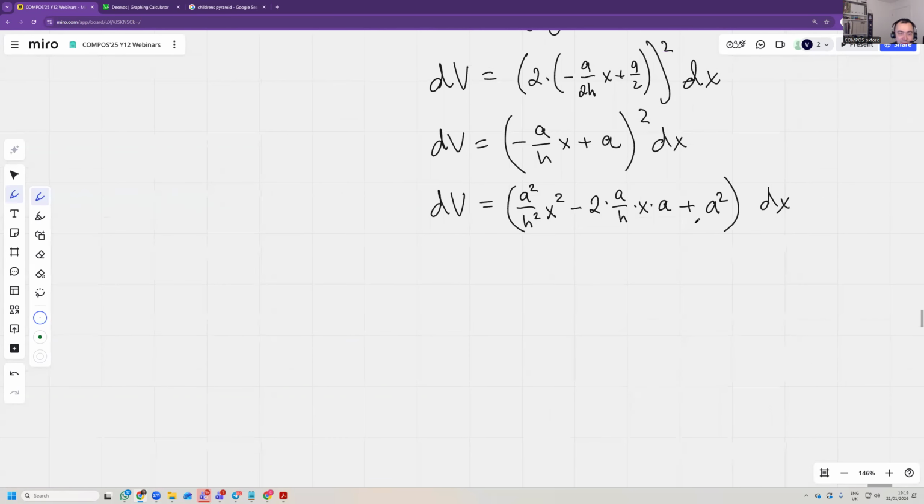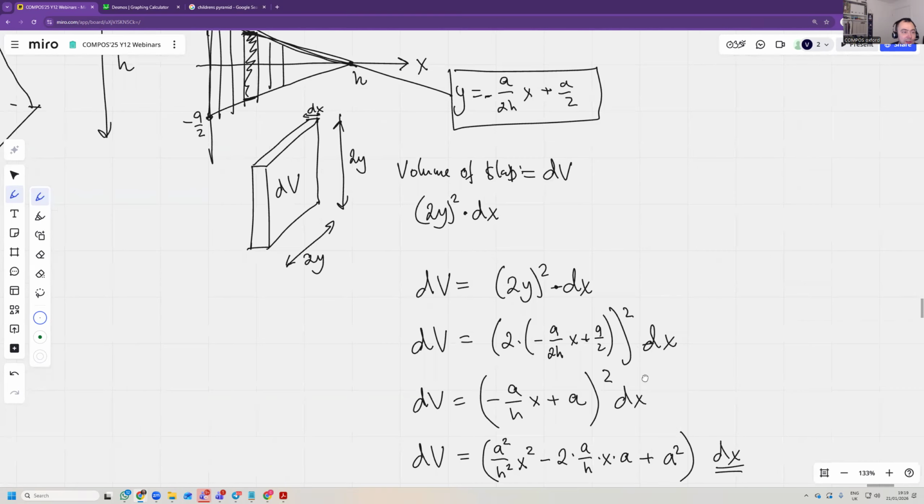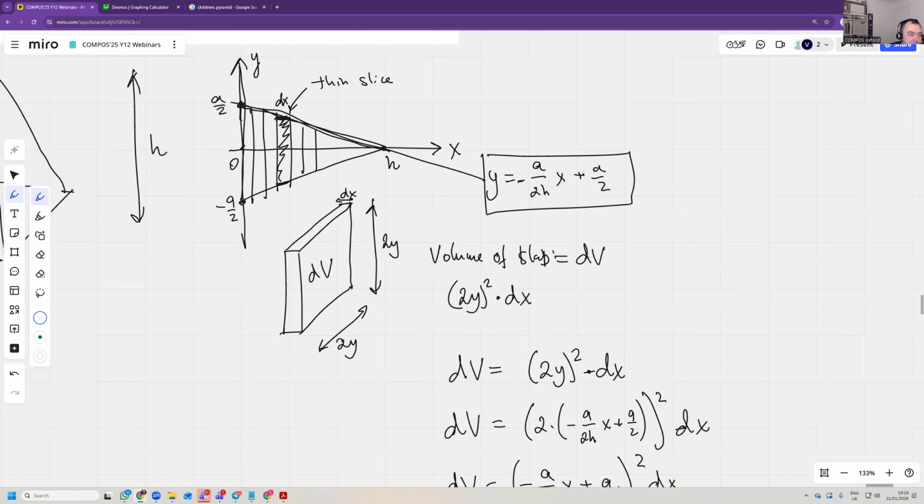And now we can integrate both sides. So the integral of dV is equal to the integral. Now here, because x changes from 0 to h, the starting value is 0, final value is h.